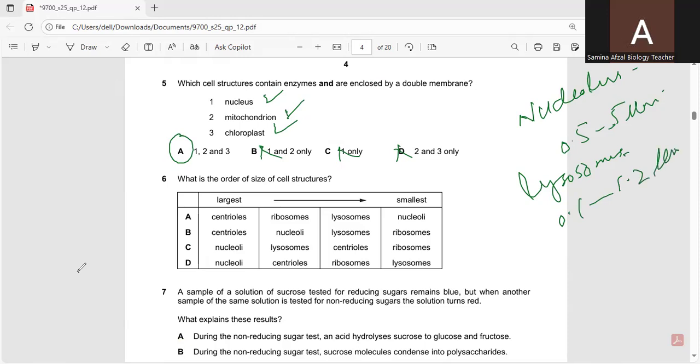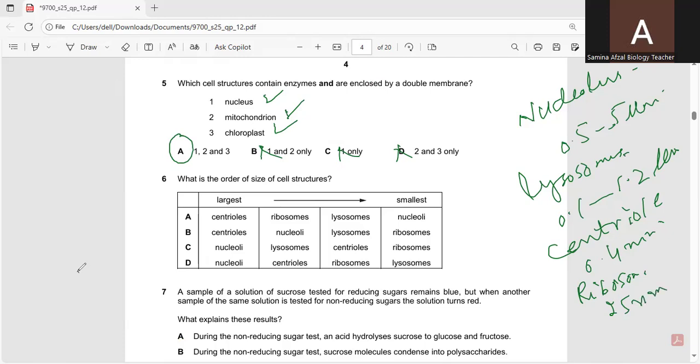And then centrioles, they are 0.4 micrometer. And then ribosomes, 25 nanometer.